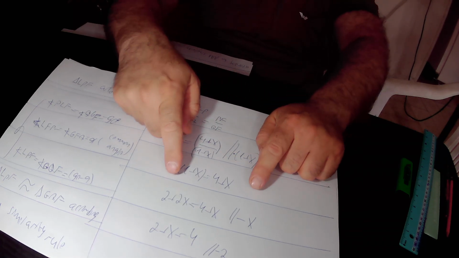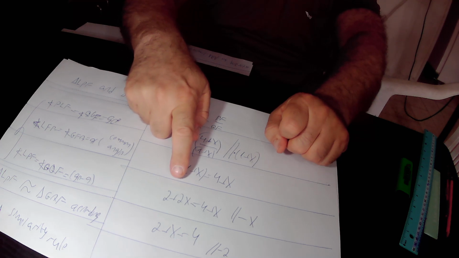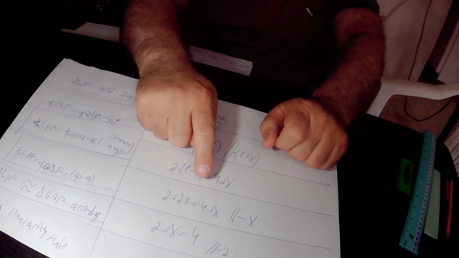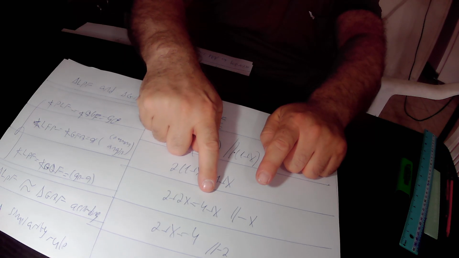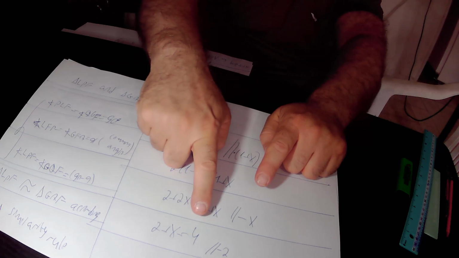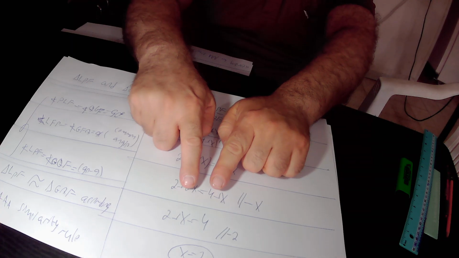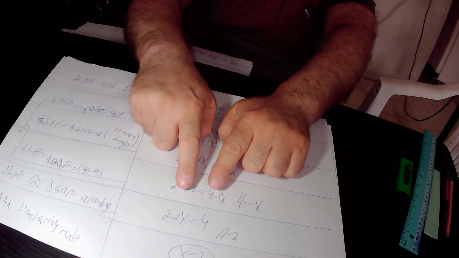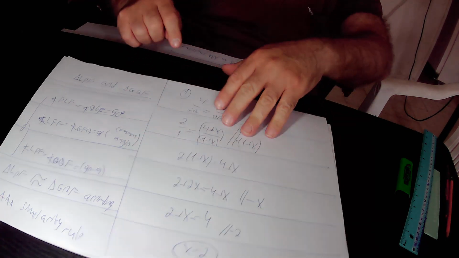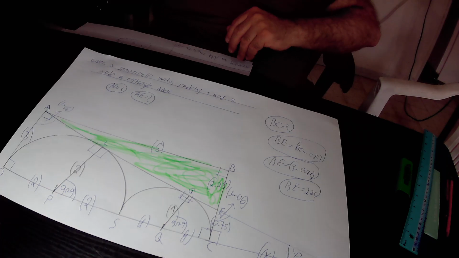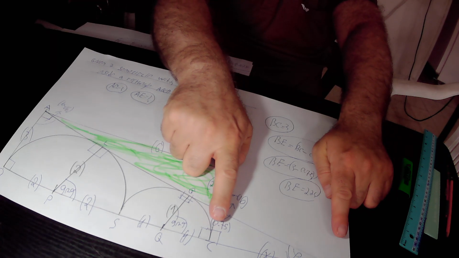Here we move x across: 2x minus x is x, so on this side we have 2 plus x, and on the other side x minus x is 0, leaving only 4. So in total 2 plus x equals 4. Here we subtract 2 and finally find that x equals 4 minus 2, that is 2.